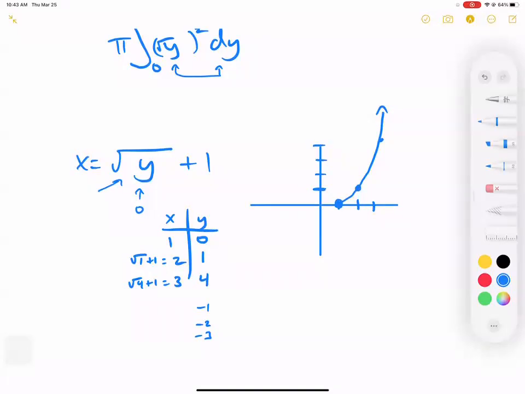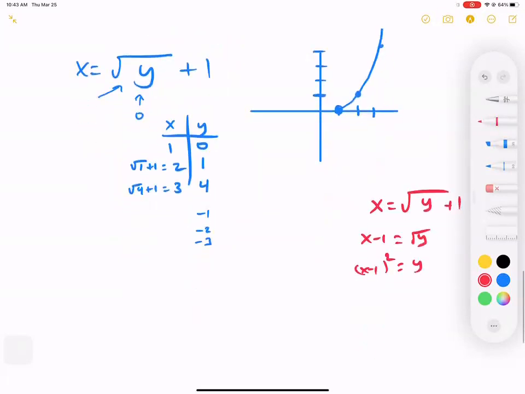Would you be able to convert it into a y equals equation, or is that just not worth it? Well, you can. Since you're just learning, since you're practicing, you might be able to see the pattern. If I rewrite this as a y equals problem, this is x minus 1 equals the square root of y. y is equal to x minus 1 squared.